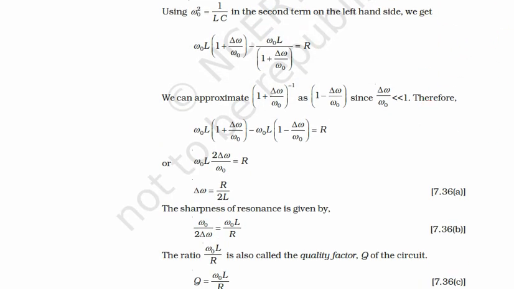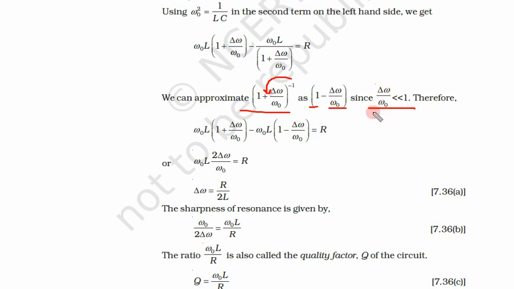Now let us approximate 1 plus delta omega upon omega 0, this term to the power minus 1. From binomial theorem, since this delta omega is much smaller than this omega naught, we can approximate it with binomial theorem. According to binomial theorem, this power will go here, so we approximate it as 1 minus delta omega upon omega naught.